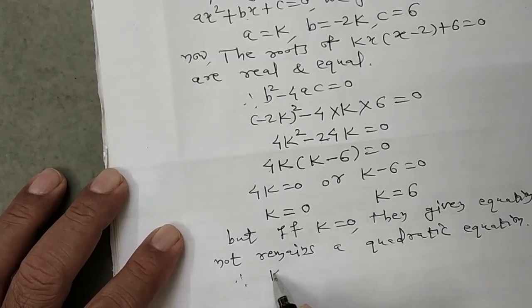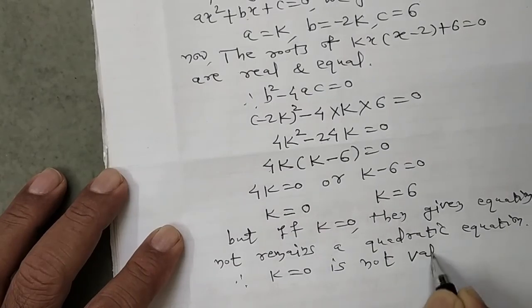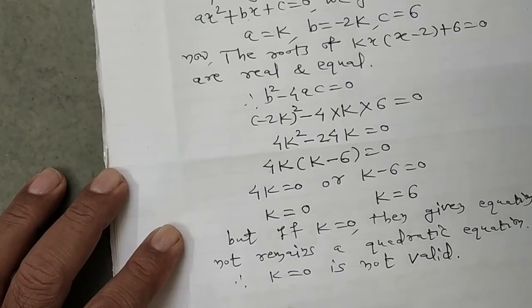Therefore k equal to 0 is not valid. Therefore the value of k is equal to 6. This is the answer.